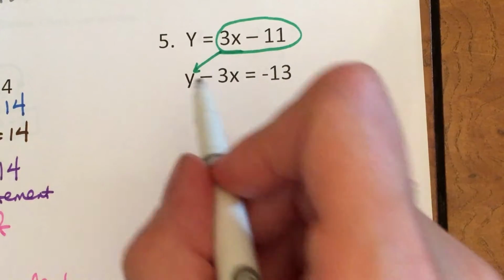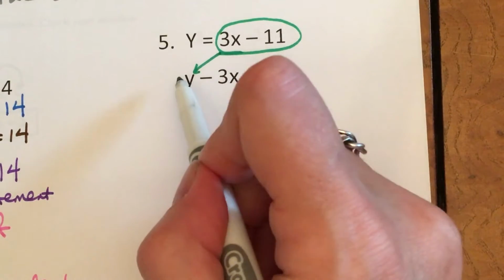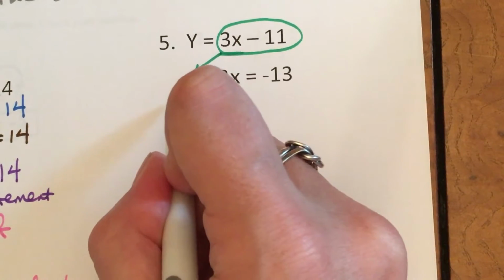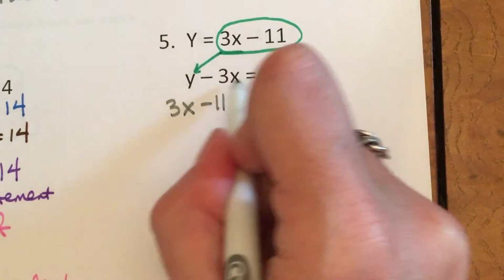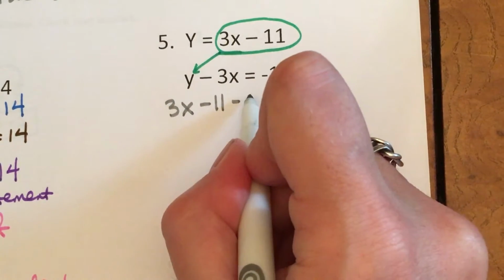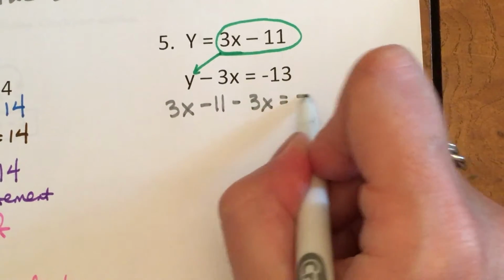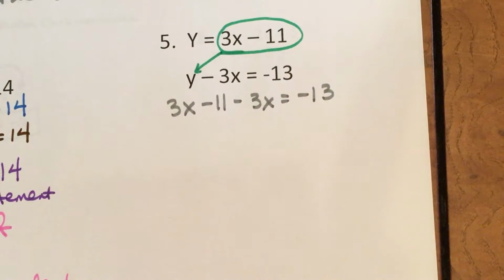So here, I don't even have a coefficient in front. I can just substitute it in. 3x minus 11. Go back to my equation. Minus 3x equals negative 13.